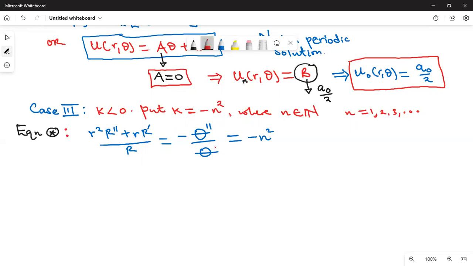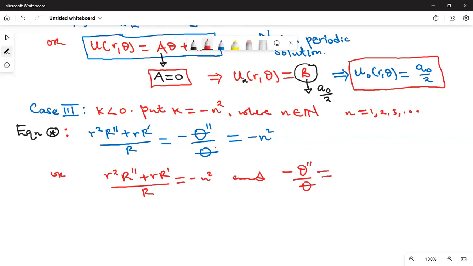And from this one, you can get a set of 2 ODEs. So you can just write r squared times r double prime plus r times r prime over r equals negative n squared, and the other one is negative capital theta double prime over theta equals negative n squared.